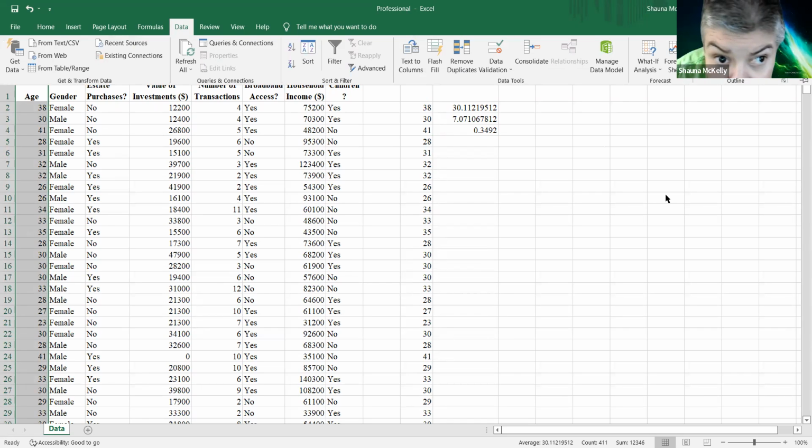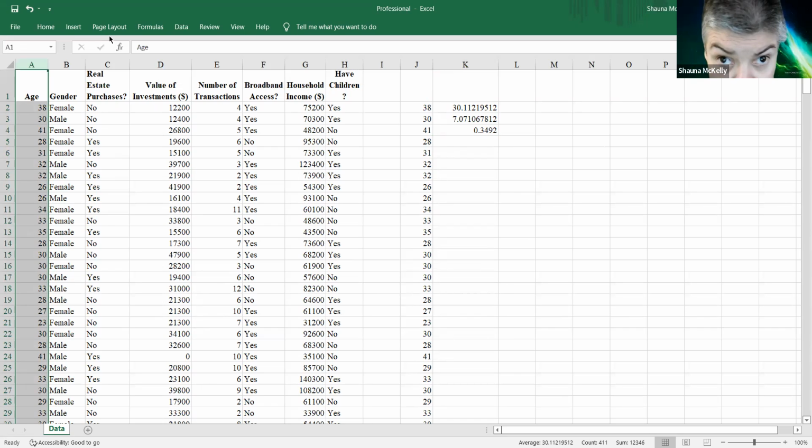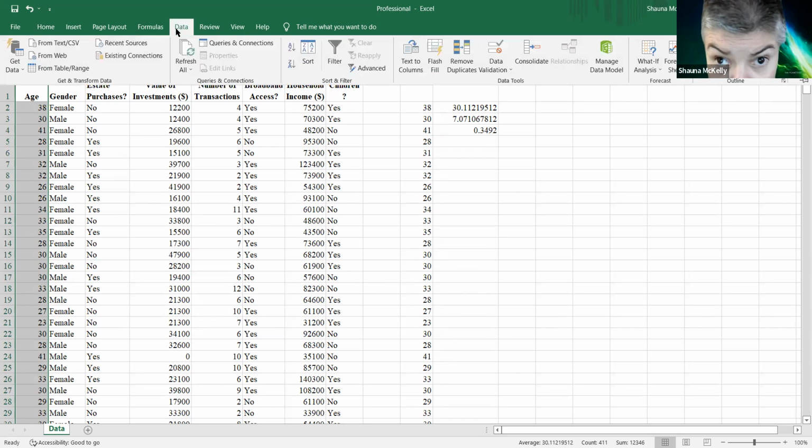Not what-if analysis. Do I have data analysis somewhere? Data validation, data tools.